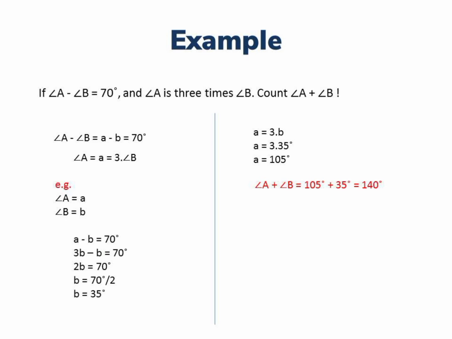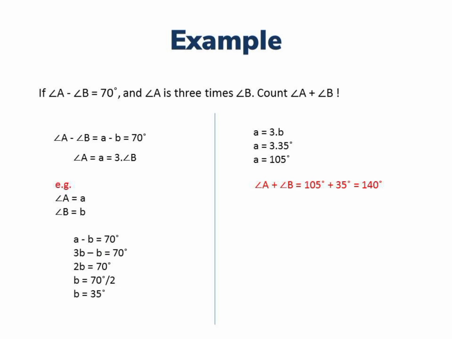A minus B equals 70 degrees, and then A is equal to 3 times B. So we can substitute A with 3B like this.